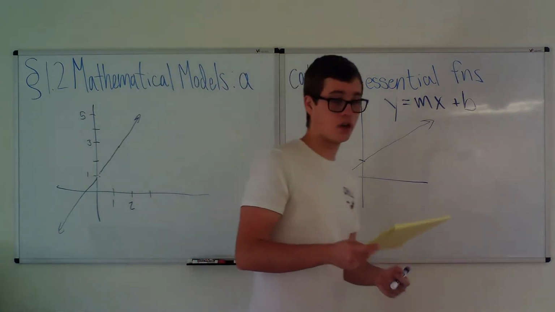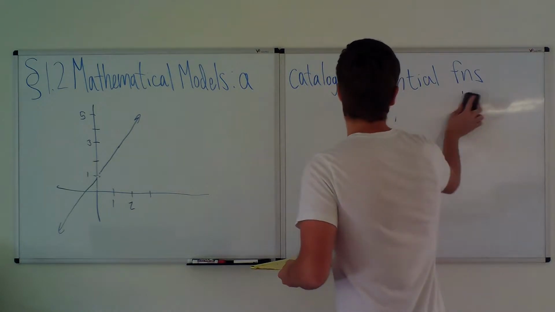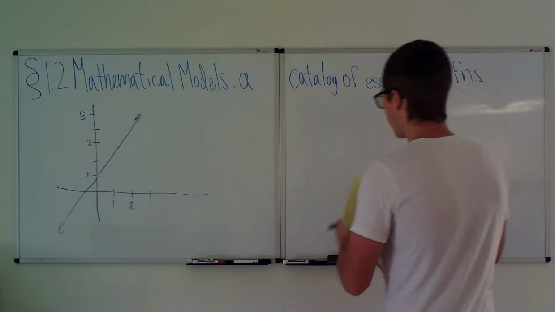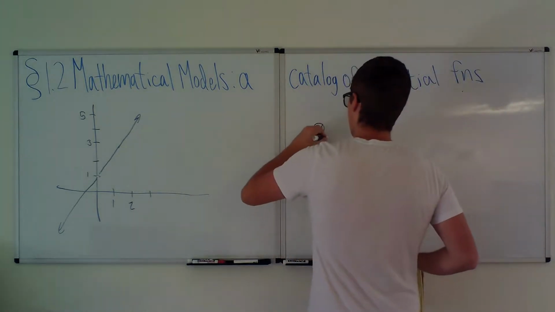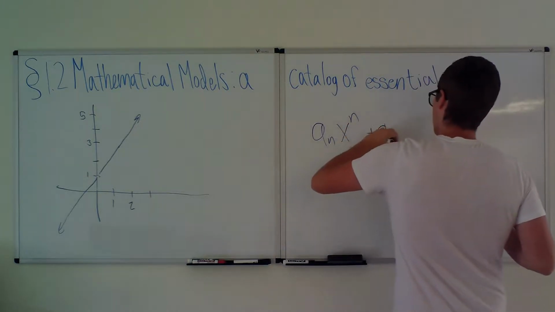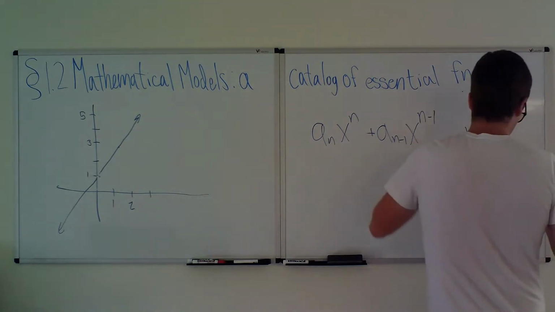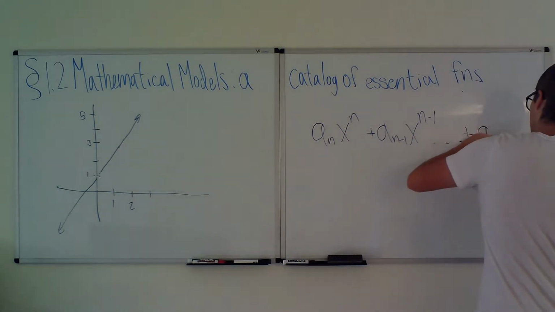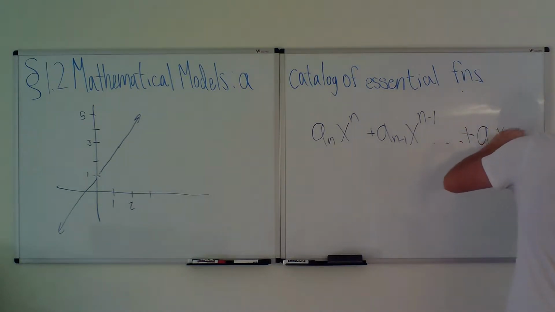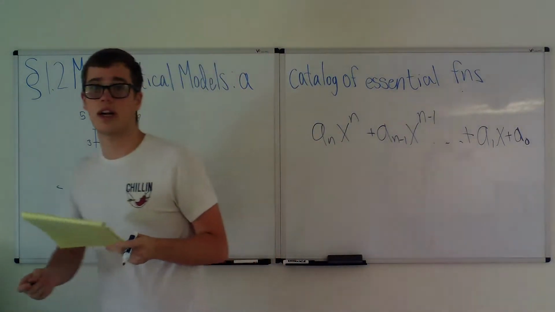So the next type of function are polynomials. And a polynomial function is in the form a_n x to the n plus a_(n-1) x to the n minus 1 all the way to a_1 x to the 1, that's just x, plus a_0, where the a's are constants and the x's are, well, your x values.